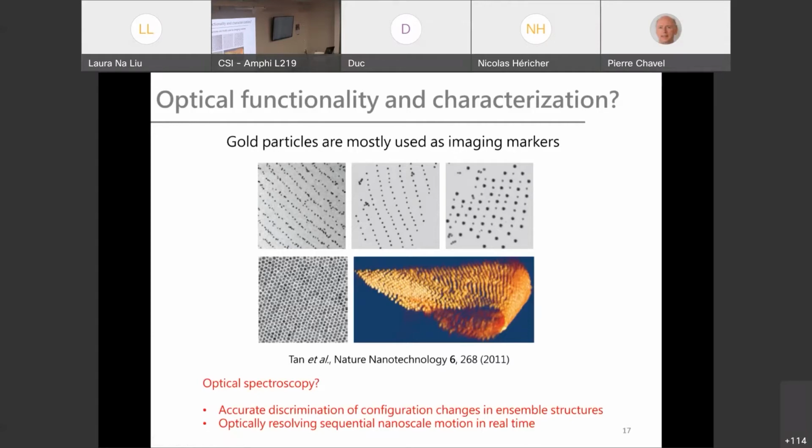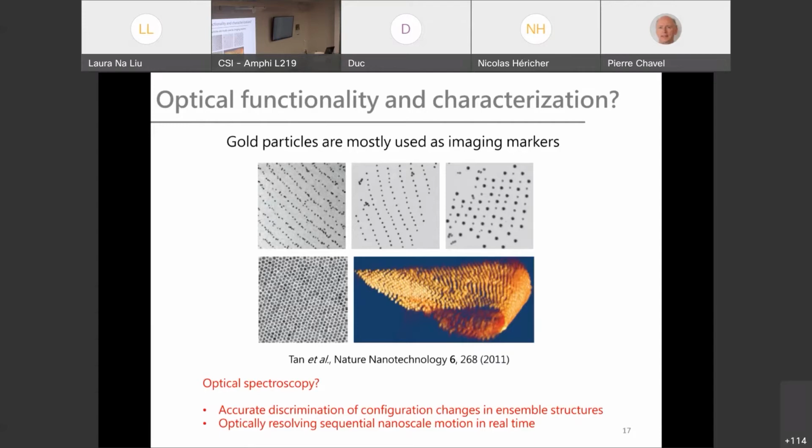Another question is, is it possible that we can even accurately discriminate the conformation changes in such ensemble structures? Because when we have ensemble structures in solution, they have all different orientations regarding the direction of light. Therefore, a lot of effects will be just smeared out. We need to take this into account. So that is question 2.